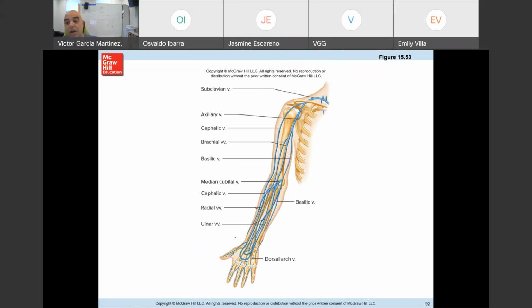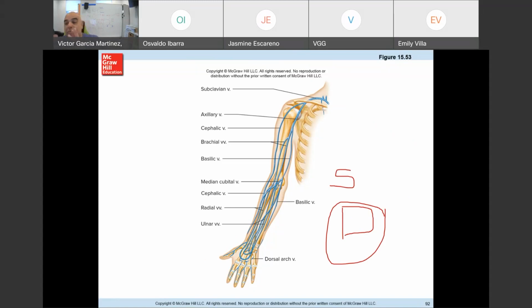For draining our upper limb, guys, it's going to be a little bit different. Why? Because we have two things. We have a superficial system of veins, and we have a deep system. The deep one has the same names you remember for arteries. You have the subclavian artery, axillary artery, brachial, ulnar, and radial.